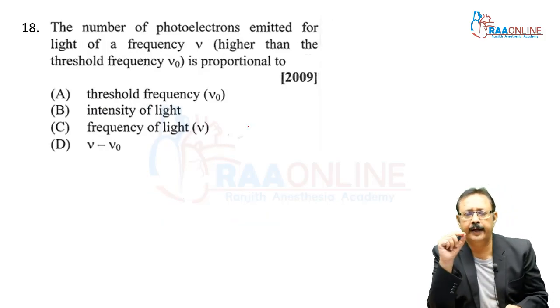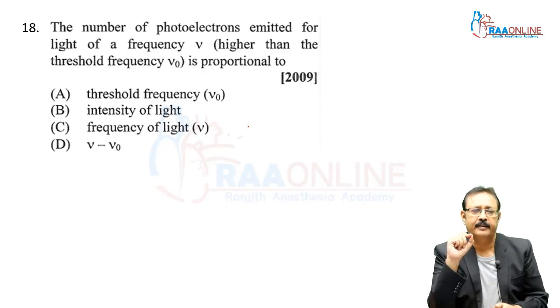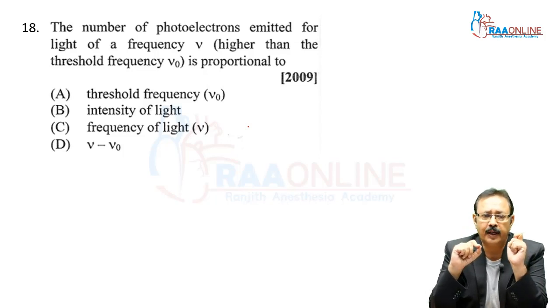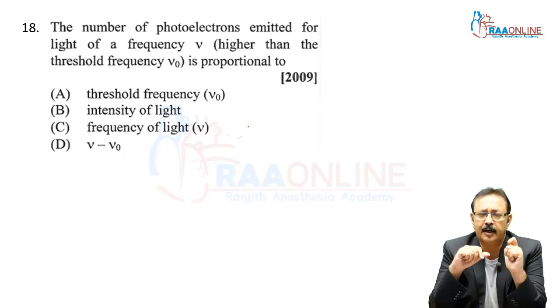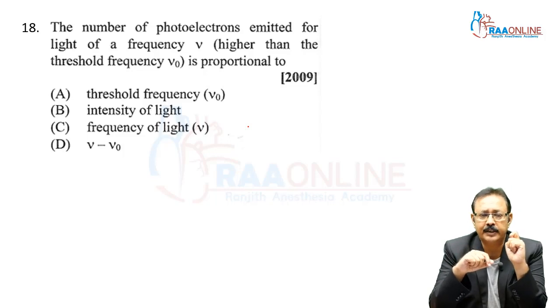18th. It is from 2009 AIPMT. The number of photoelectrons emitted for light of a frequency nu higher than the threshold frequency nu naught is proportional to... We know that number of photoelectrons depends upon intensity of light and energy of photoelectron depends upon frequency of light.